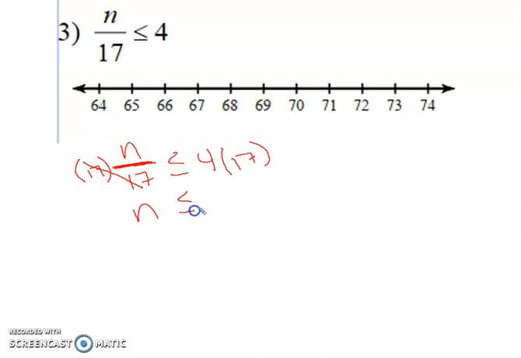Is less than or equal to 68. Why not 4? Yep. These two things have to go together. So can I graph in that order? Yes, because it is variable, symbol, number. It is a closed circle. And I'm going to the left.